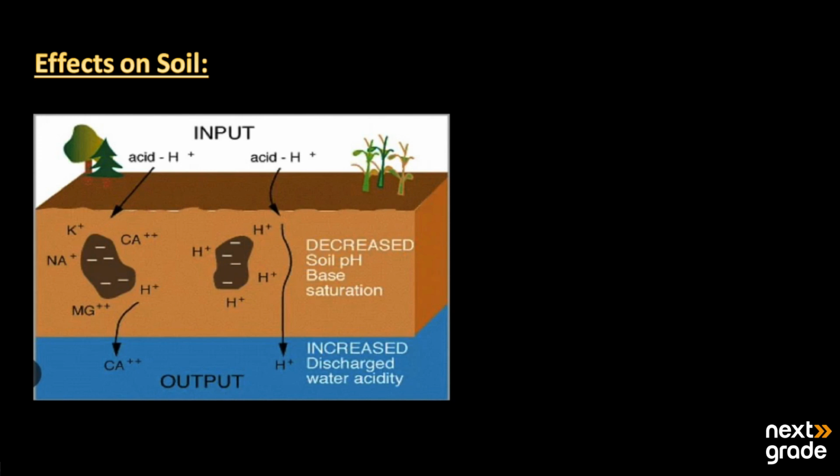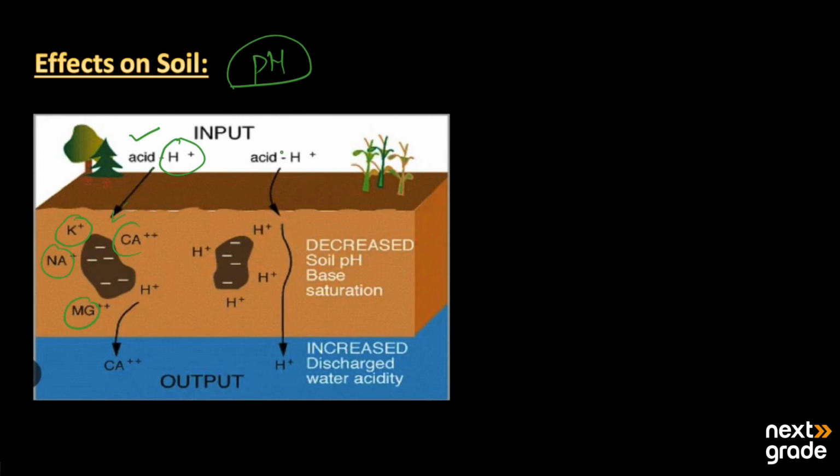Then we have the first, the effects on the soil. Basically, the concentration of the hydrogen ions is known as the acidity, which is basically the pH. When it is added into the soil, in the soil we have many ions: potassium, sodium, calcium, and magnesium ions.